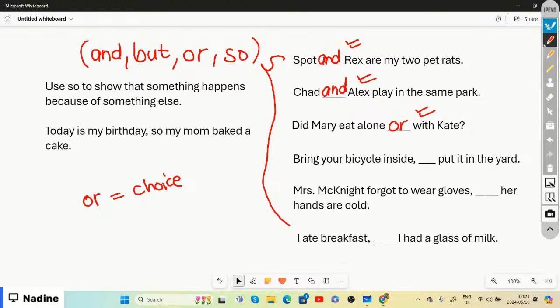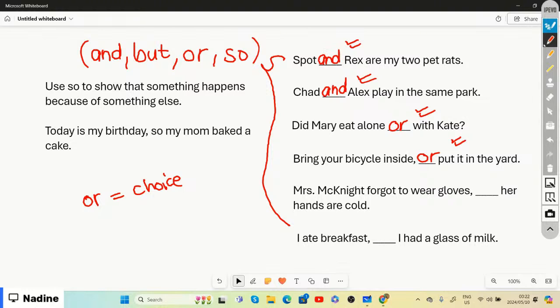All right, so if we look at the sentence, we can say, bring your bicycle inside or put it in the yard, which means this person has an option of either bringing the bicycle inside or leaving it outside in the yard. So well done. Or is correct because it shows a choice, right? Either inside or in the yard.